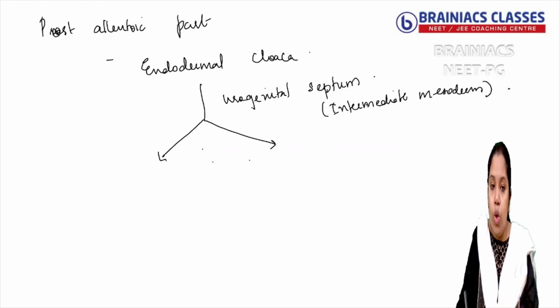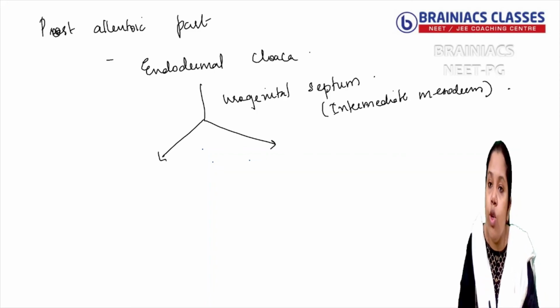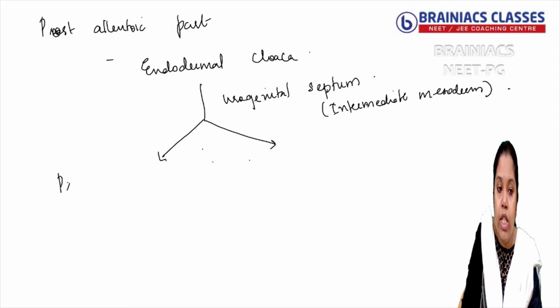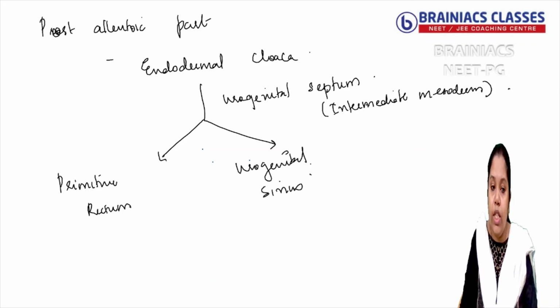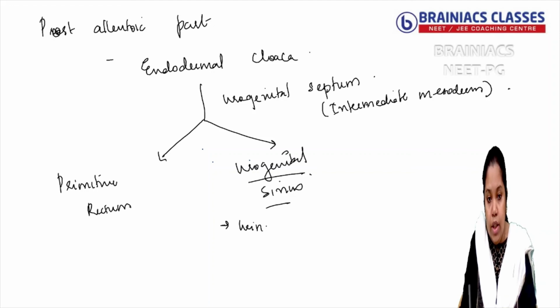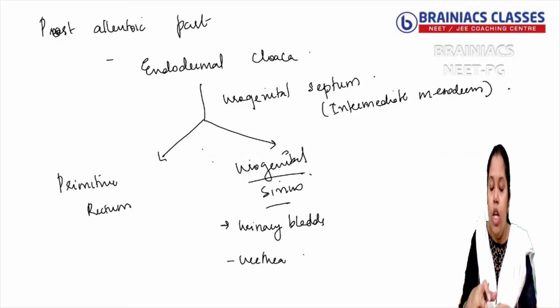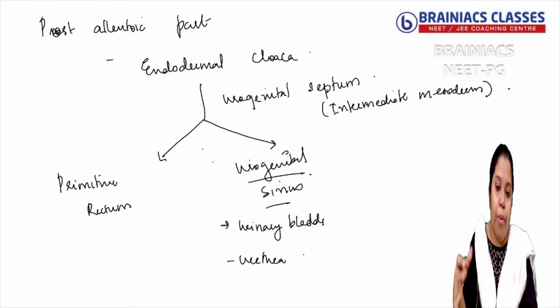This urogenital septum will divide the endodermal cloaca into a primitive rectum and a urogenital sinus. From the urogenital sinus, you get the urinary bladder and urethra.